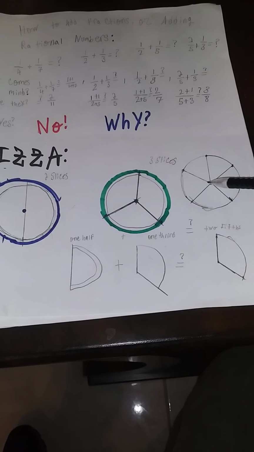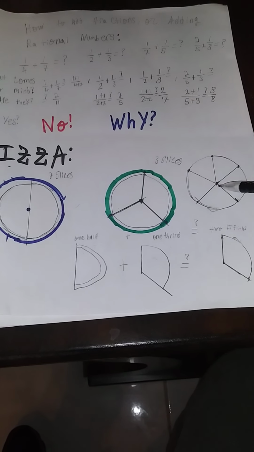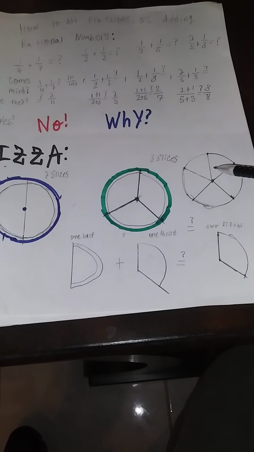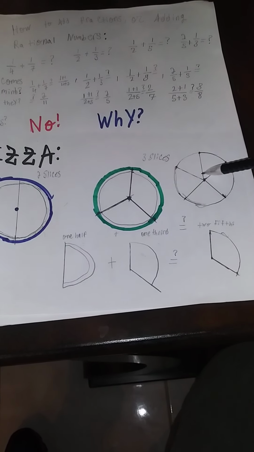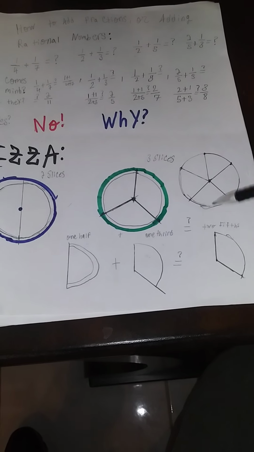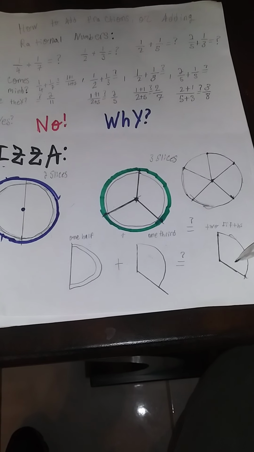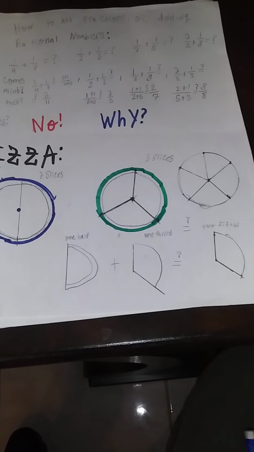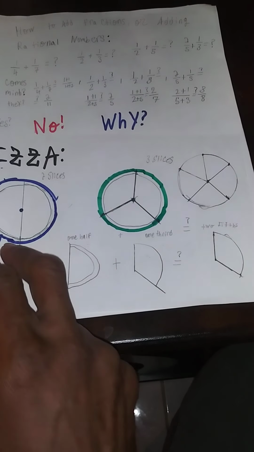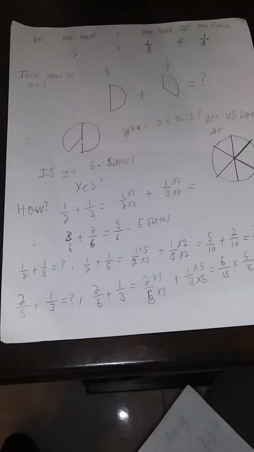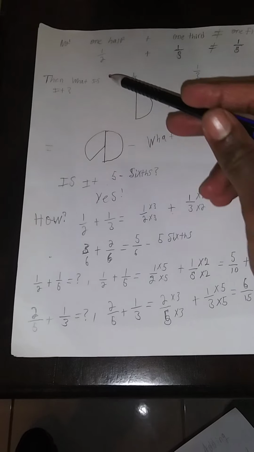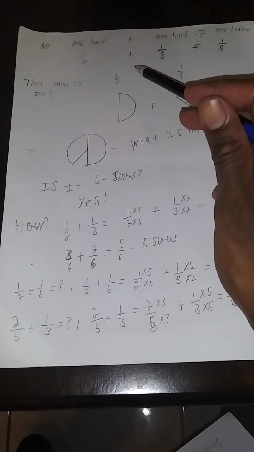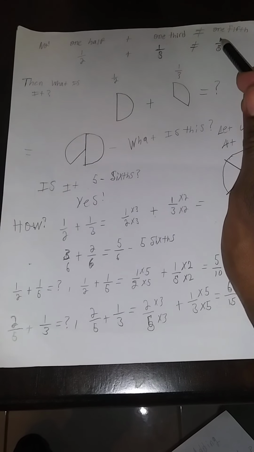And 2/5 looks like this. You slice a pizza into 5 equal pieces, and you shade in 2 of them. This gives you this picture. But let's see if it's actually equal. 1/2 plus 1/3 is not equal to 2/5.